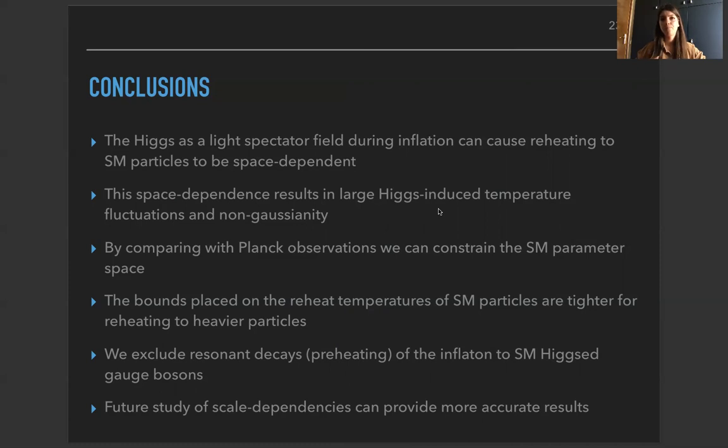And we have found a region of interest for future observations and future instruments of non-Gaussianity. And we should also say that a future study of scale dependencies of these distributions can actually provide more accurate results and constrain parameter space even better.